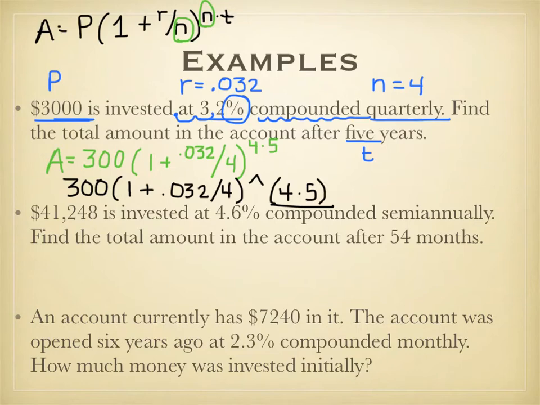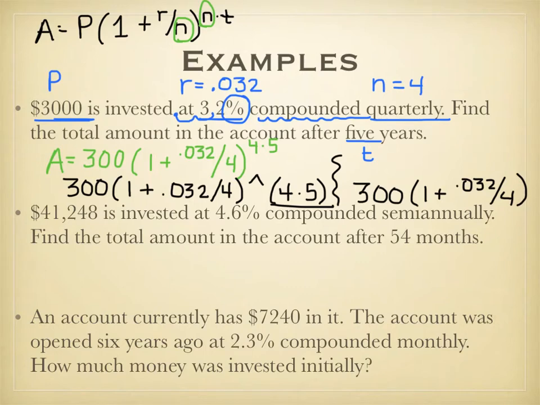The newer graphing calculators look like this. 3,000 times 1 plus 0.032 divided by 4, parentheses.